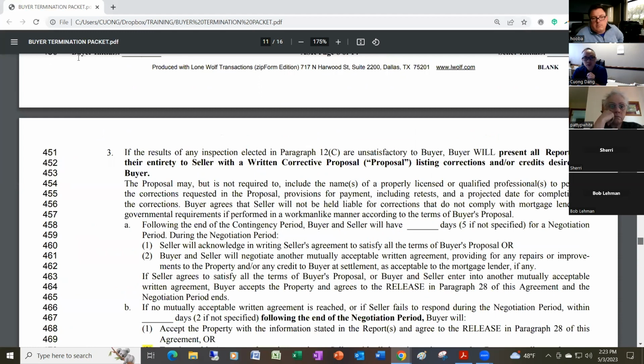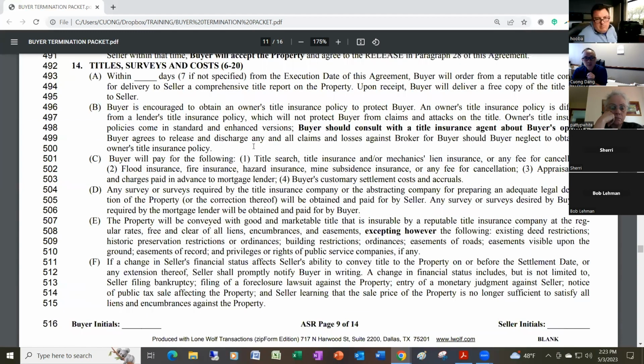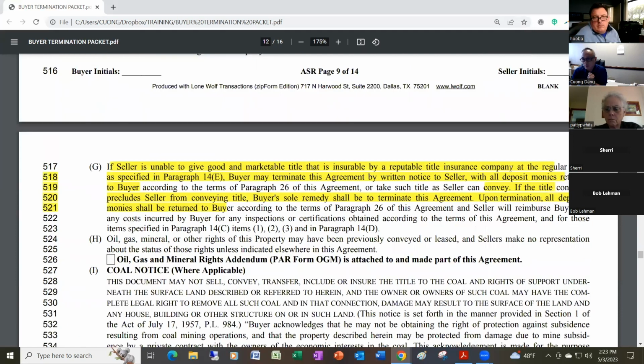Okay, title, surveys, and costs. So we have all these paragraphs, and finally we get to paragraph G. If seller is unable to give good and marketable title that is insurable by a reputable title insurance company at the regular rates as specified in paragraph 14E, buyer may terminate this agreement by written notice to seller with all deposits returned to buyer. Okay.